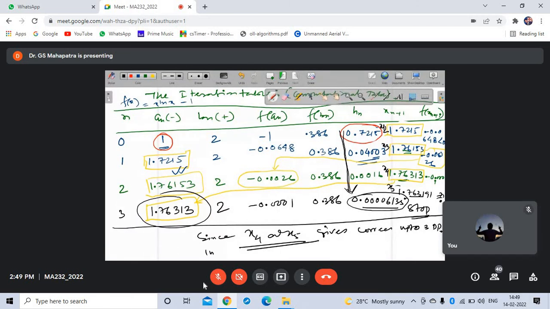And the recorded solution is, or not solution, the recorded root.